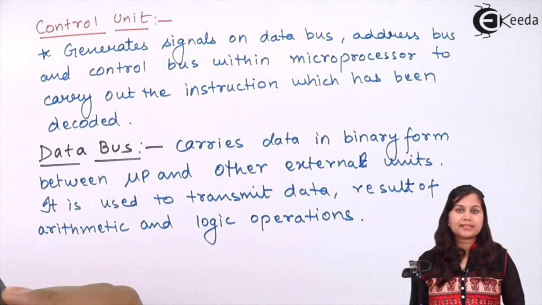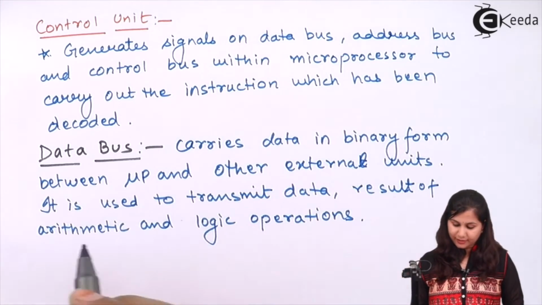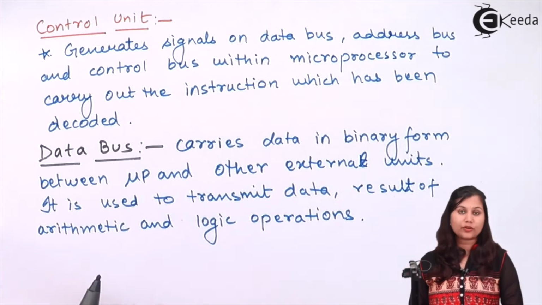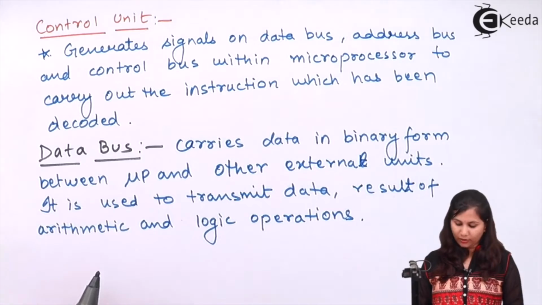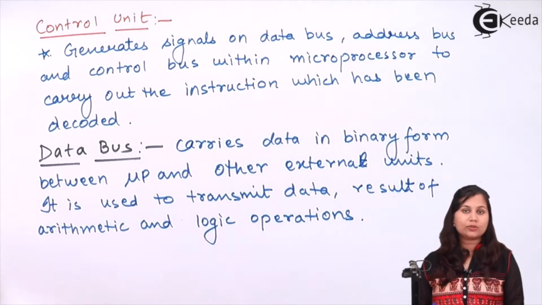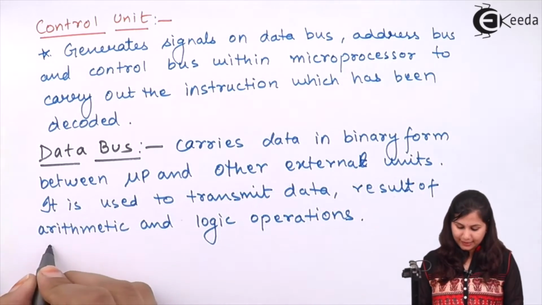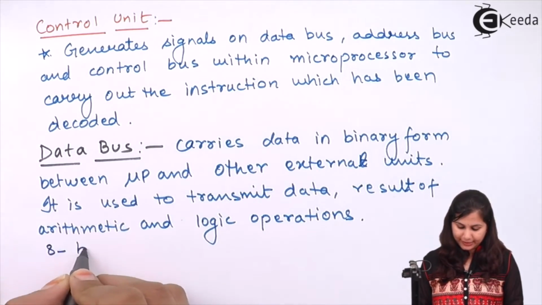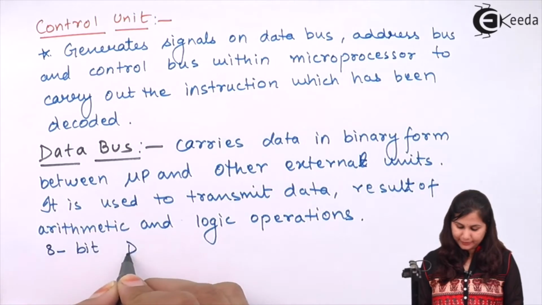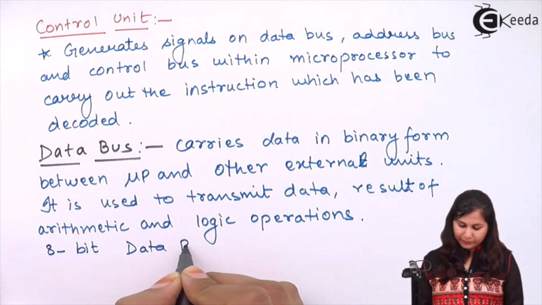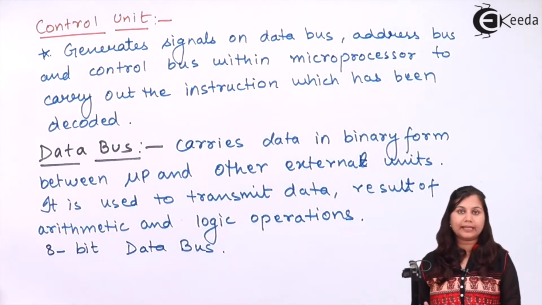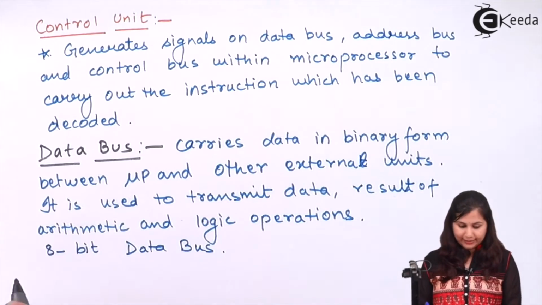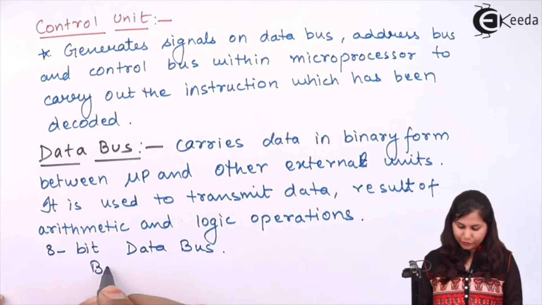So this data bus is used to transmit the data, the result of the arithmetic and the logical operations. In the 8085 microprocessor, this data bus is an 8-bit data bus. It means that it can carry 8-bit data, and this data bus is bidirectional.